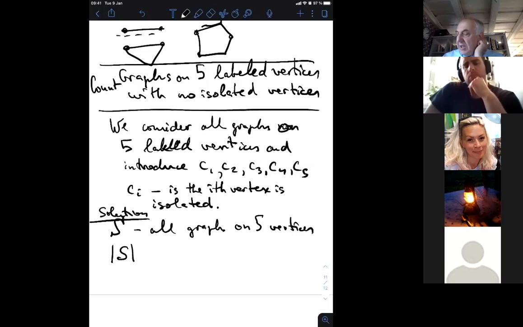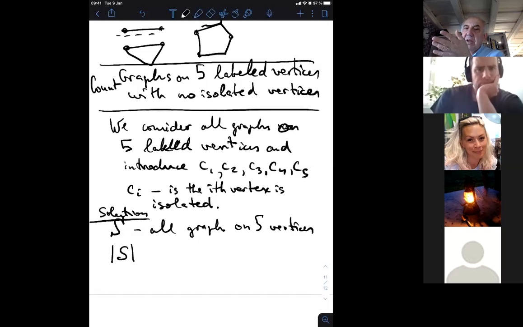The vertices are labeled, and each graph is associated with its edges. How many edges can we have on 5 vertices? The total number of edges is 5 choose 2, because an edge is a pair of vertices. So there are 5 choose 2, which is 10 edges.